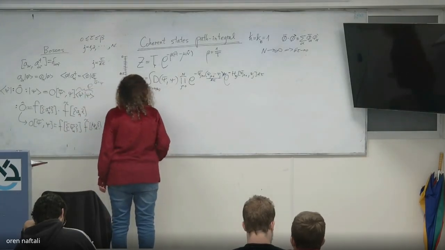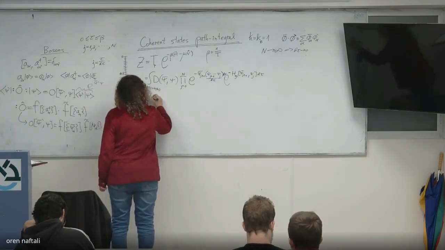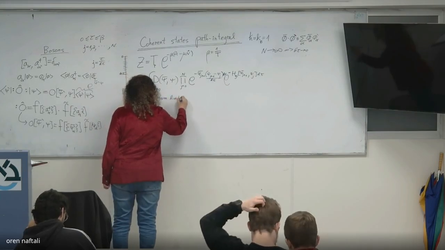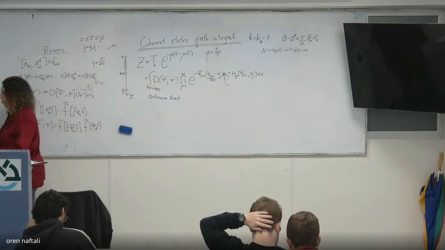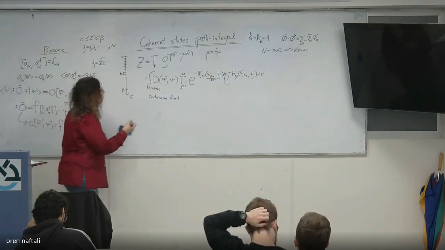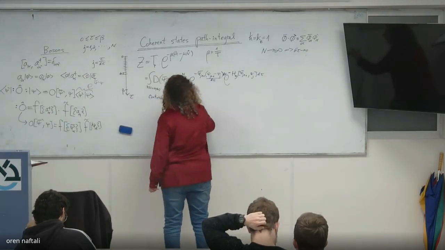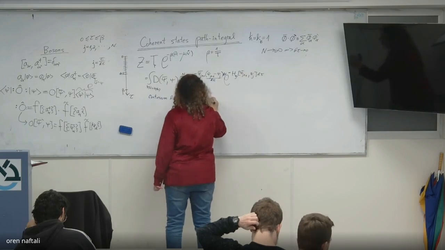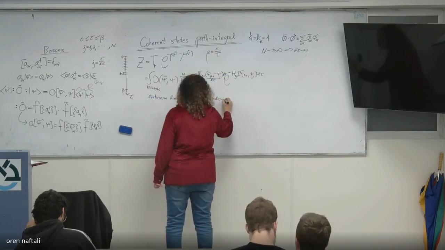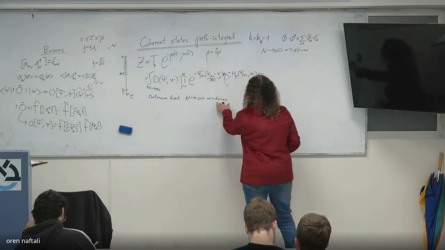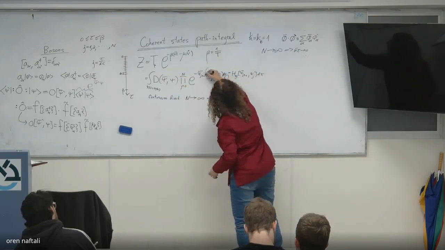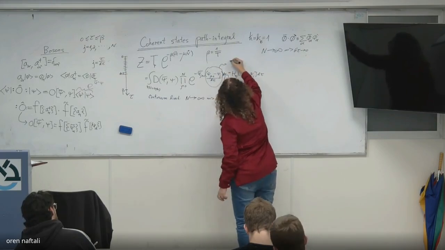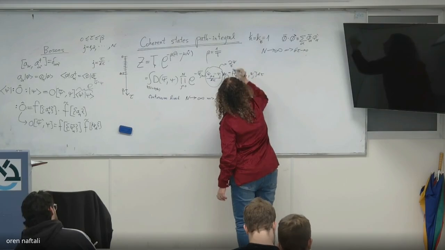So in the continuum limit, you want to take n to infinity, the tau goes to 0. This object will be replaced by d tau of psi.